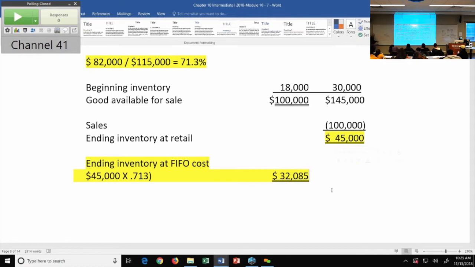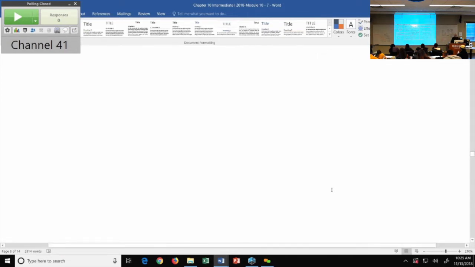If the ending inventory is 45, then that layer has to be 15. And there's an increment in this case of 15. And that's what we're going to price out. So we have to price each layer separately, right? Each layer has a separate price. So let's see how we do that.